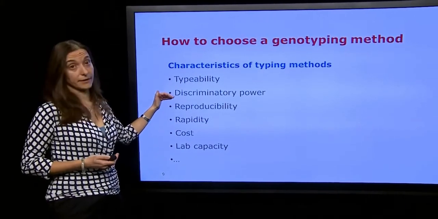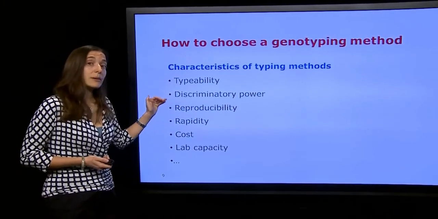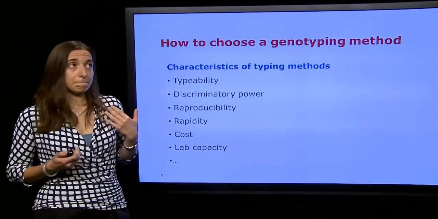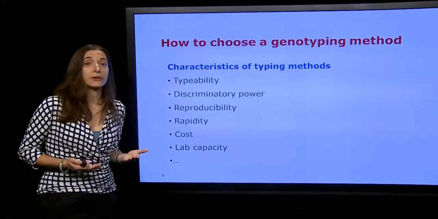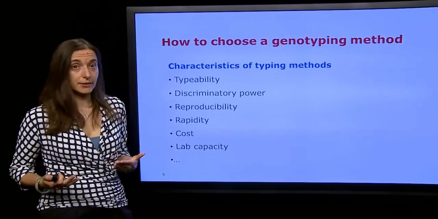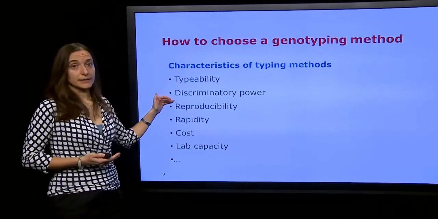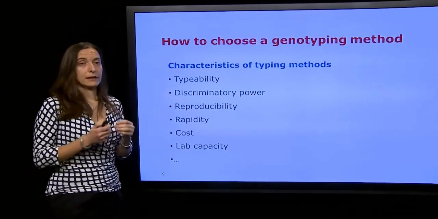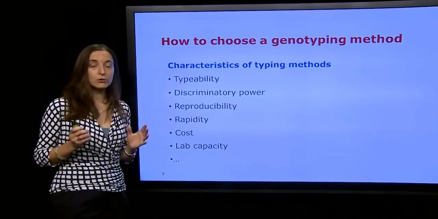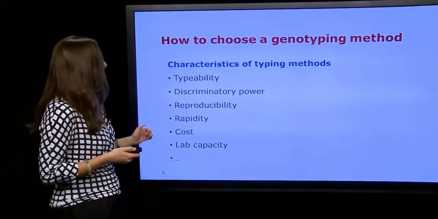Another very important characteristic is the discriminatory power. The discriminatory power is the probability that a method assigns two different types to two unrelated strains in a bacterial population. The higher the discriminatory power of the method, the finer the resolution between bacterial individuals.